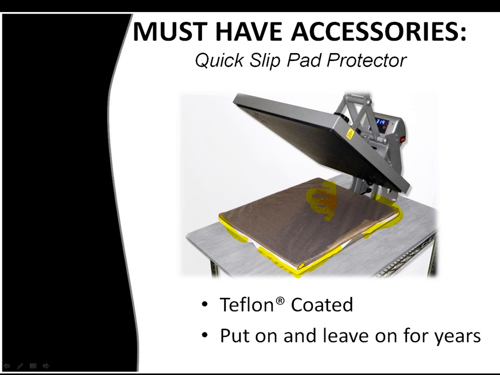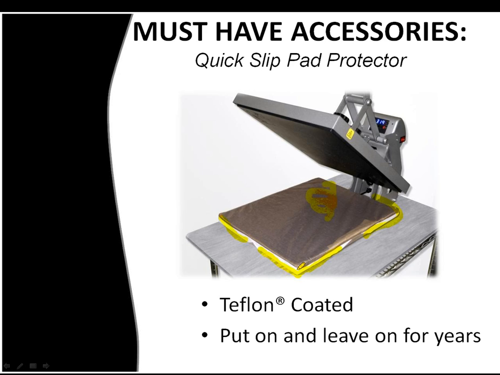Okay. The other wonderful thing about the quick slip pad protector is that because it is nylon, or Teflon, I'm sorry, it's slippery. It's very slippery. So when you're putting cotton t-shirts onto a heat press, if you just have that rubber pad, those cotton t-shirts are kind of going to get hung up a little.